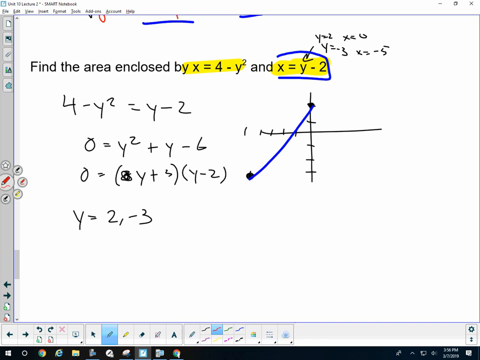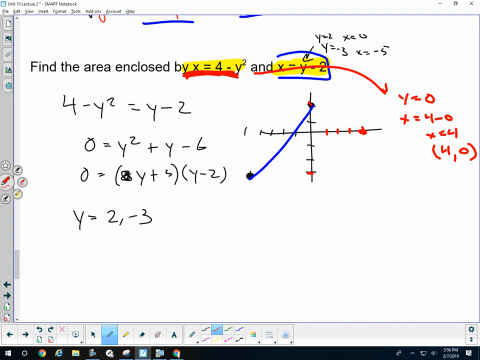For this one, I don't know if I'm to the right or to the left. I want green. Let's go green. We'll stay with red. What we will do is plug in some points in between -3 and 2. So let's do that. If y is 0, x equals 4 minus 0, so x is 4, and I have the point 4, 0.